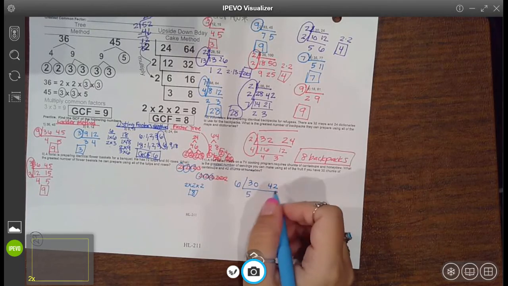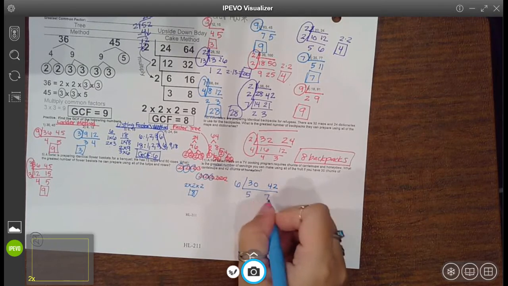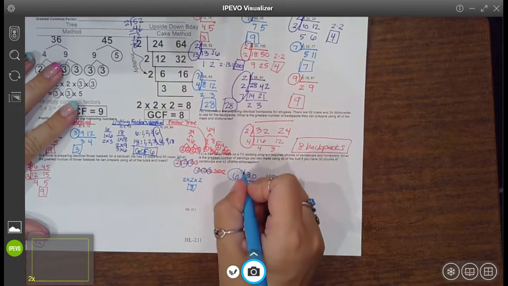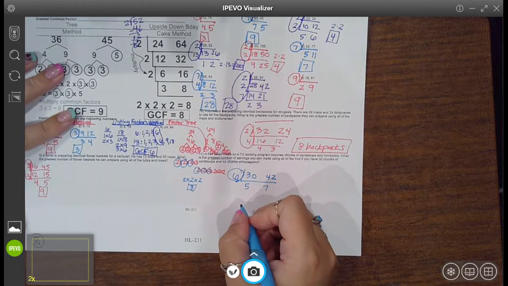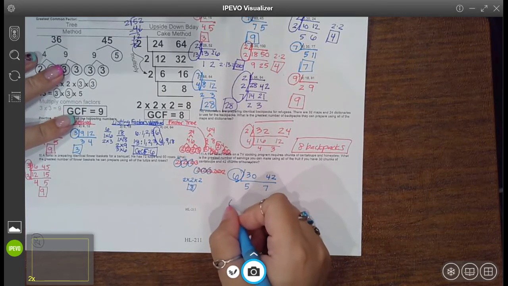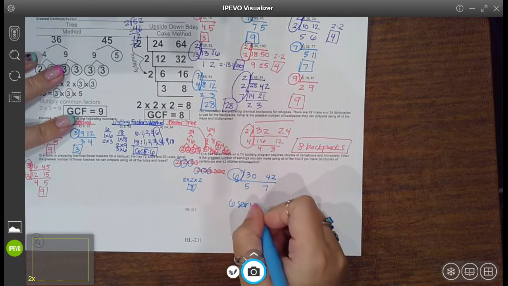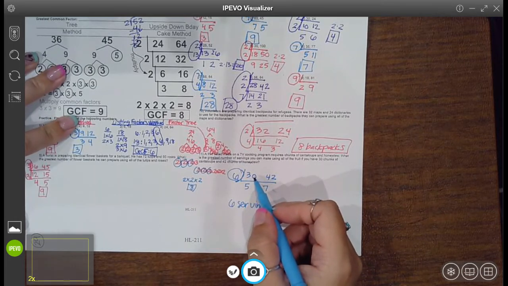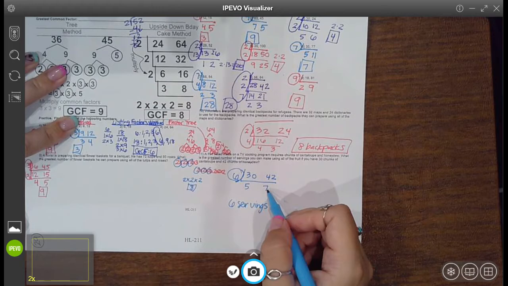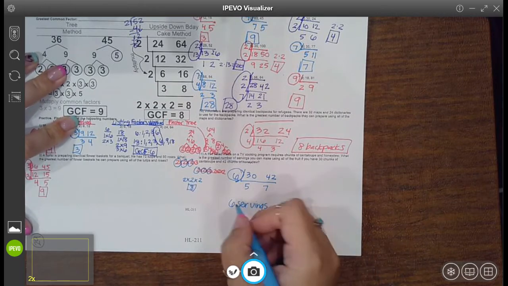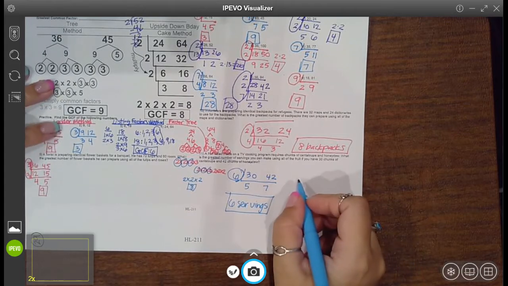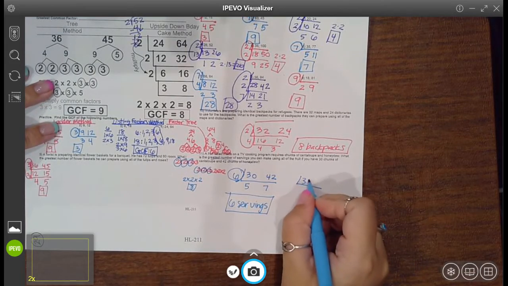And 6 times what is 42? 7. Can you keep going? Nope. So there is my GCF, 6. That means I have 6 servings that I can make. And in the servings, I'm going to have 5 chunks of cantaloupe, since 30 was talking about the amount of cantaloupe, and 7 chunks of honeydew.